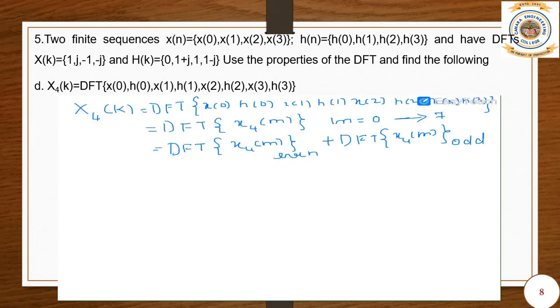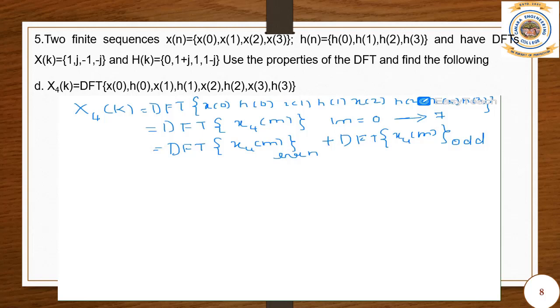In the even, you have x4 of 0, x4 of 2, x4 of 4, x4 of 6. Whereas in the case of odd, you have x4 of 1, x4 of 3, x4 of 5, x4 of 7.